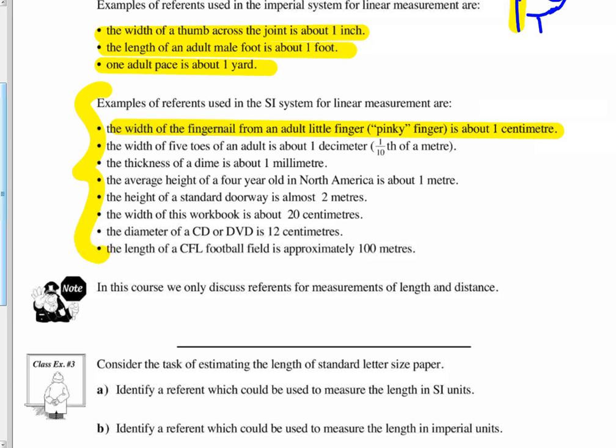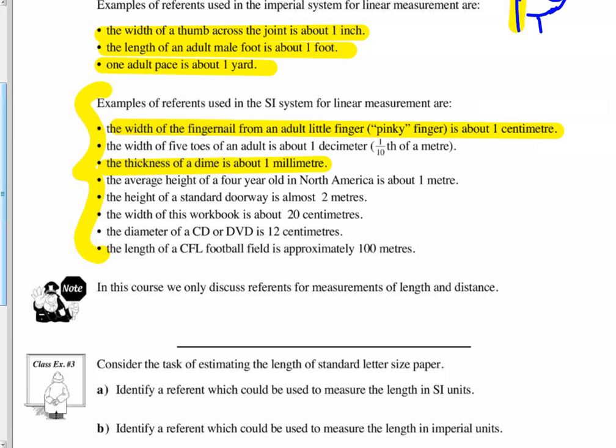The thickness of a dime is about 1 millimeter, right? We also say the thickness of your nail. It's probably a little bit more than your nail. You should be able to figure that out logically. You don't have to memorize all of these.